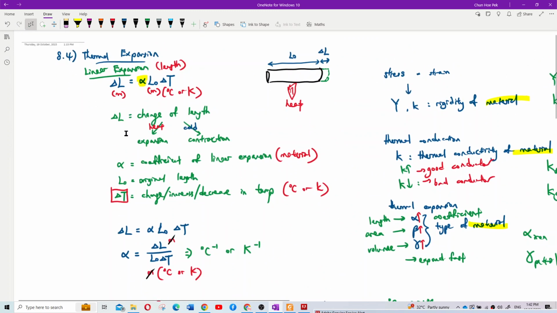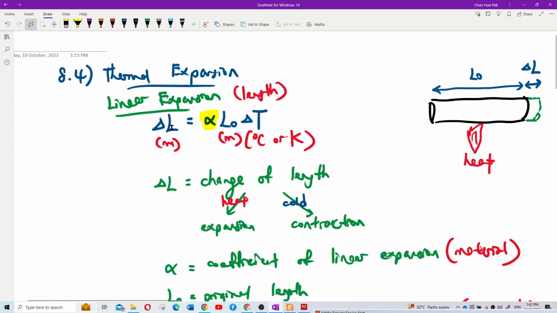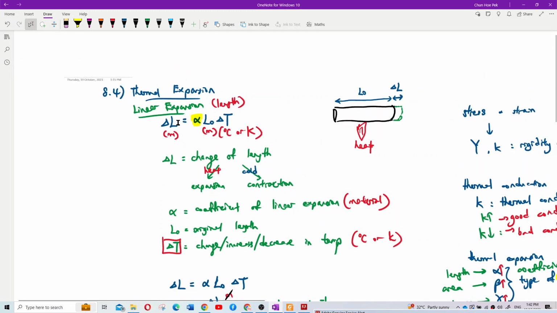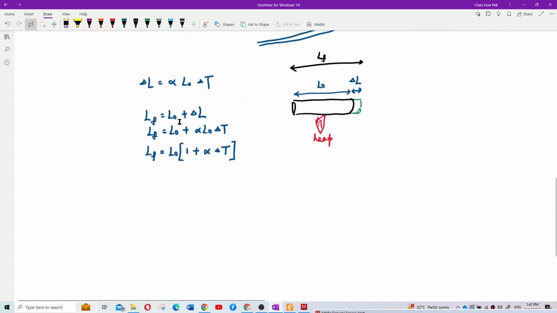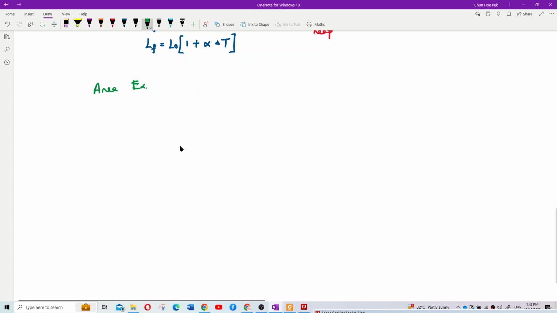One more thing. This is the linear expansion, class. We also have area expansion. Let me write it out. Area expansion just changes the symbol.